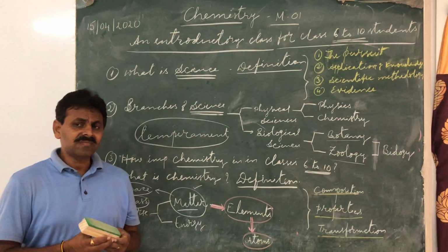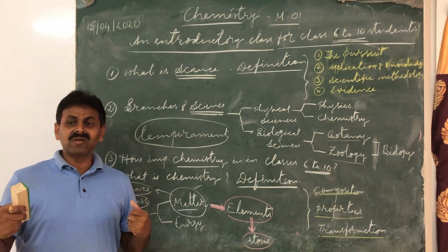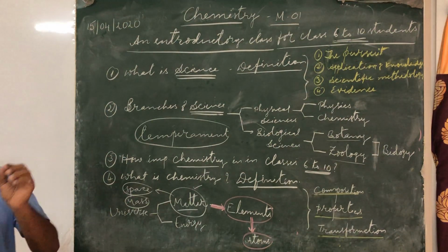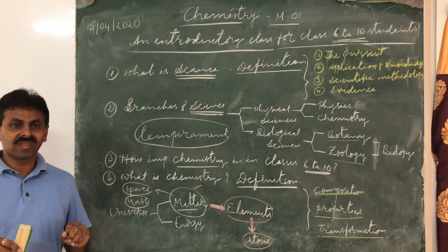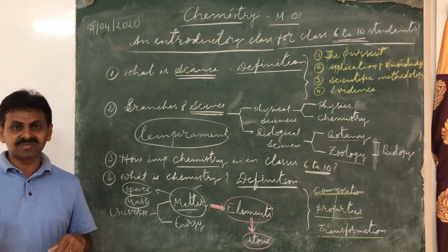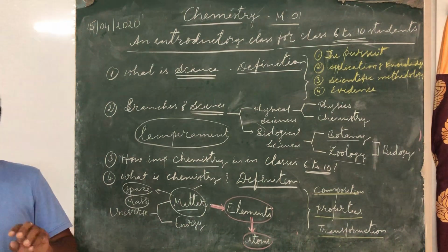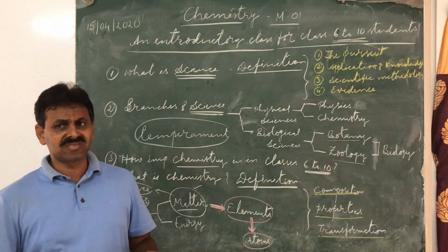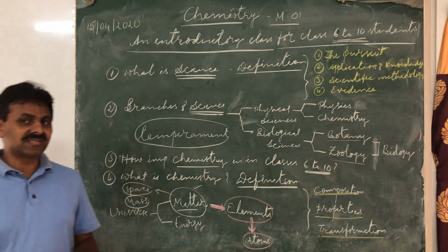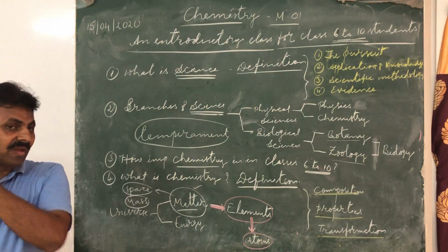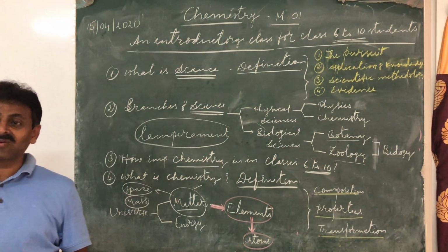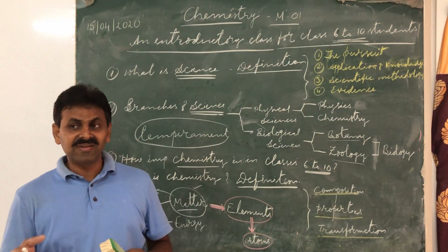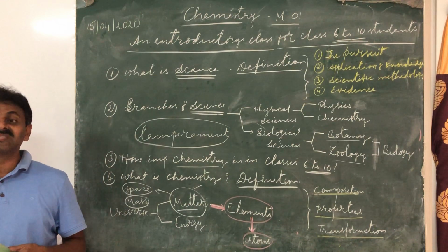Children, you know, our body is made of organ systems. An animal is considered an organism. We are also living organisms. An organism consists of organ systems like the digestive system, nervous system, respiratory system, circulatory system, etc. Each organ system consists of different types of tissues, and different types of tissues consist of cells.